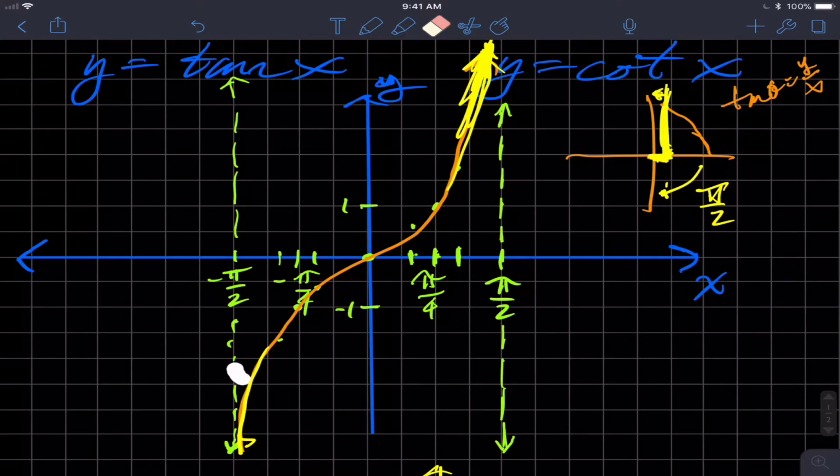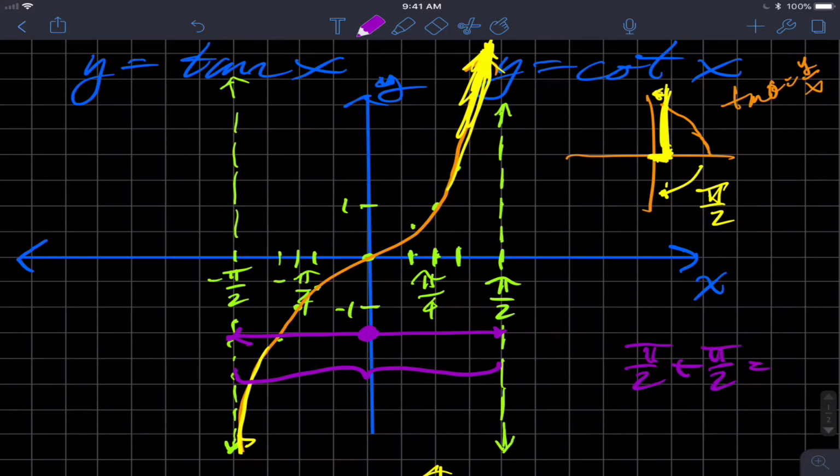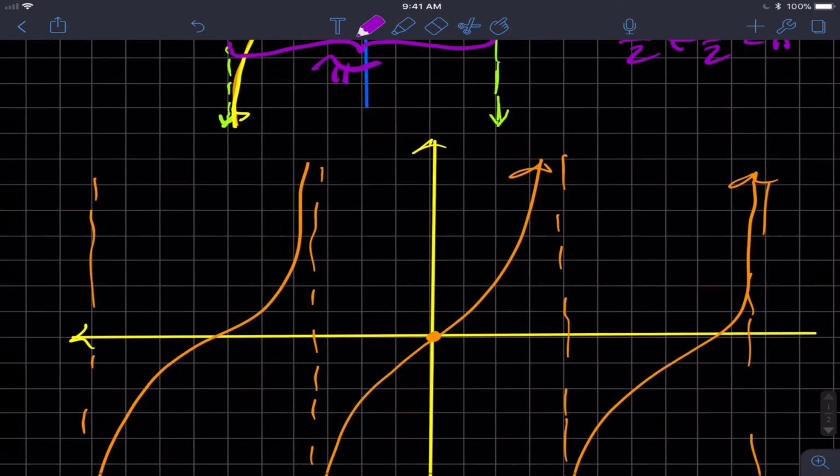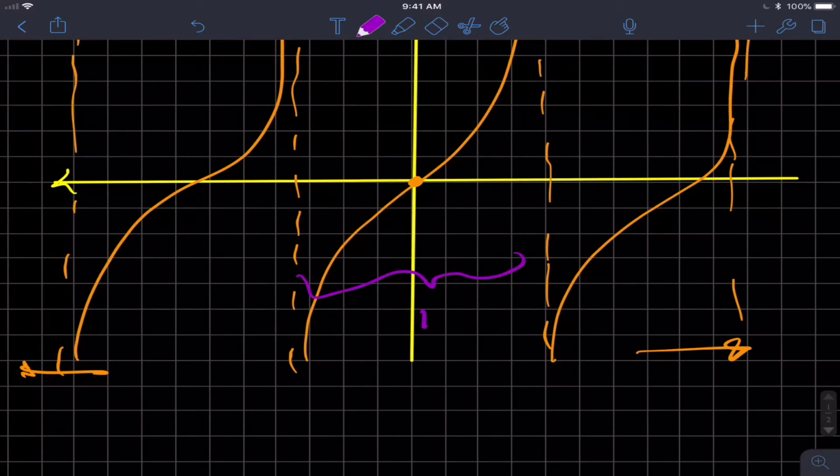The idea is that from here to here, purple. From here to here is what distance? Well, from here out to here is pi over 2, and from the y-axis in the other direction is pi over 2. Pi over 2 plus pi over 2 is pi. So this is a distance of pi. And if we go up here, realize that if this is pi, and then this is pi, and this is pi, the question is how long do we have to travel before the function repeats?